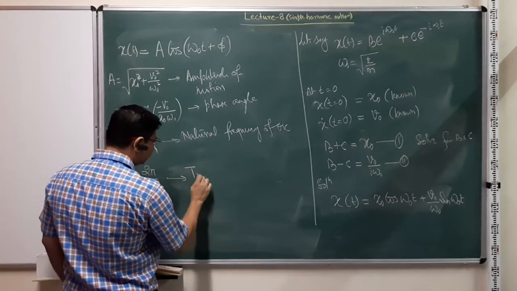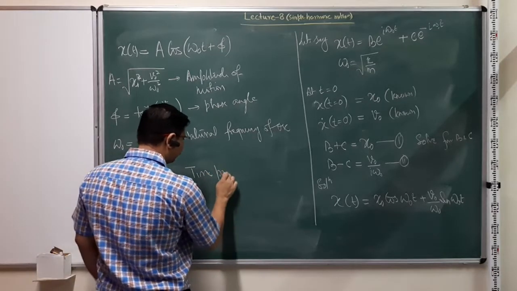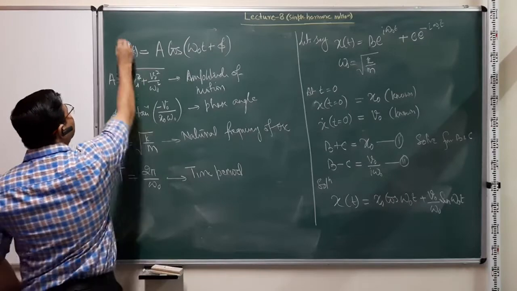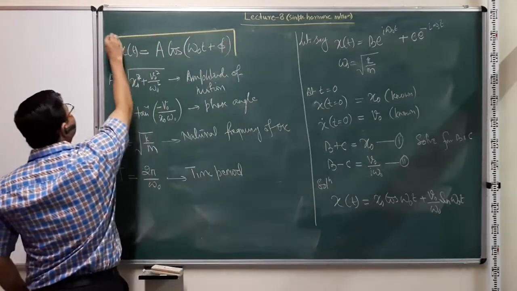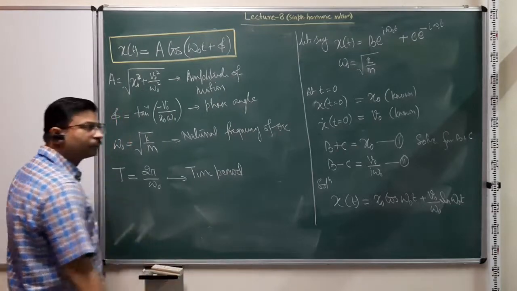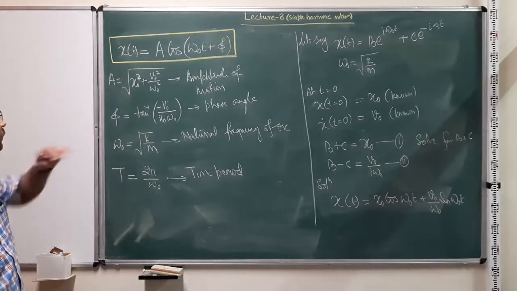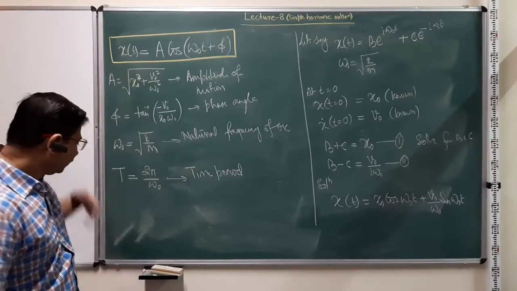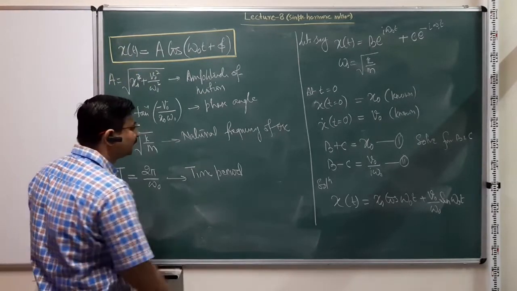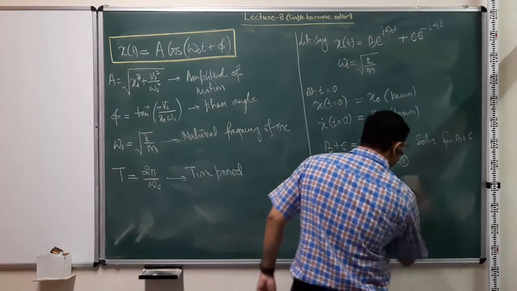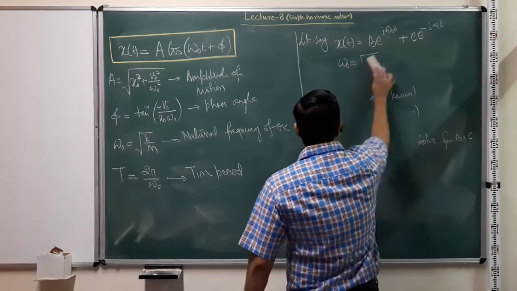Okay. So this is our solution for a simple harmonic oscillator. And now once you have the solution, we can find out the velocity and acceleration at any given point of time, and have complete knowledge about the evolution of the system.